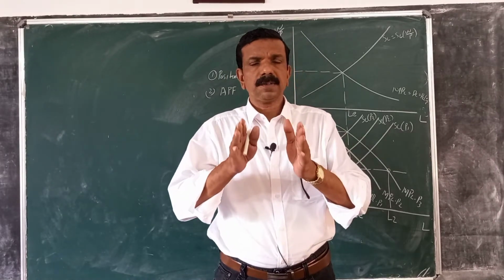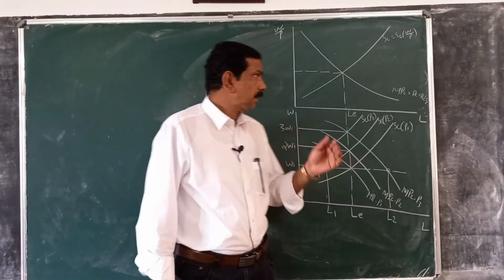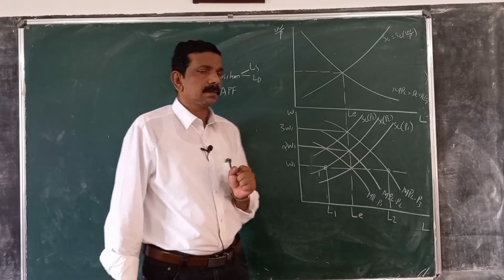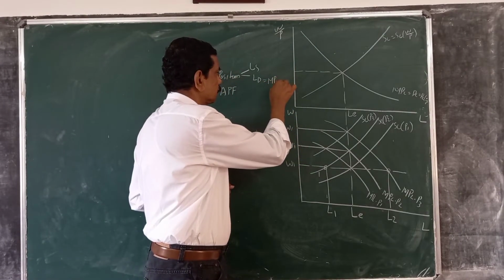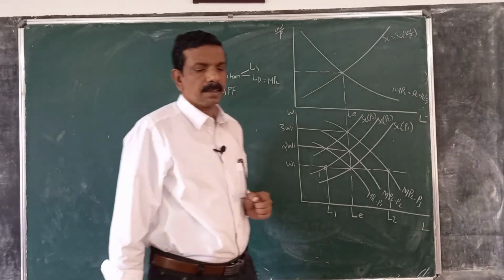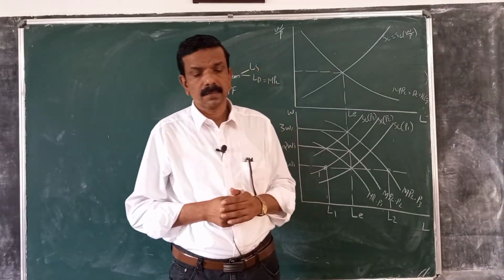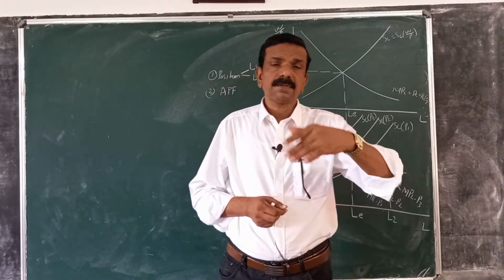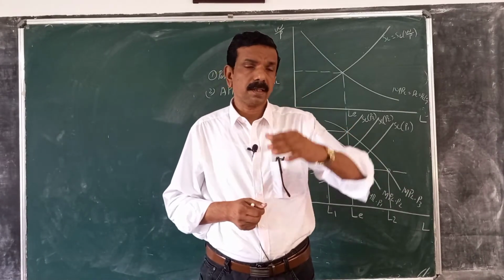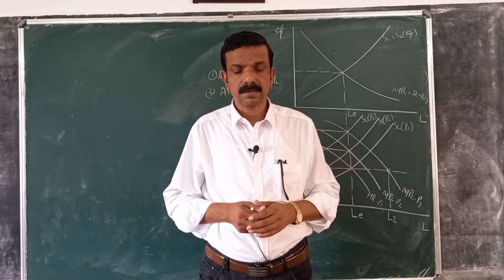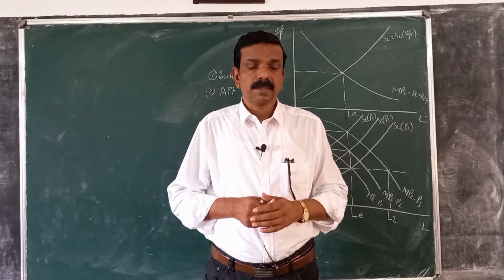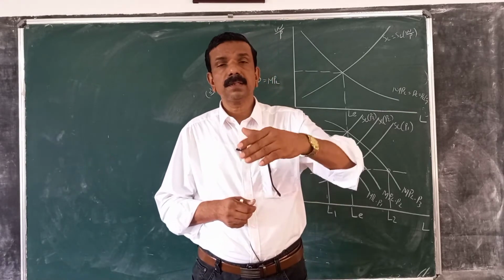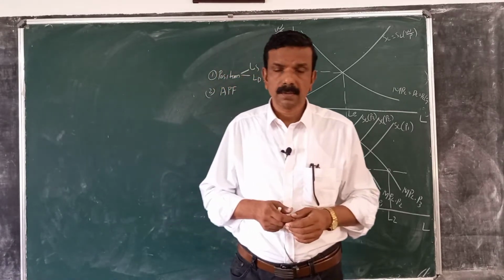And as we know, the labor demand curve is the MPL curve, the marginal product of labor curve, and it is the slope of the production function, as we derived in the previous class. So the position of the labor demand curve will shift if the productivity of labor changes.